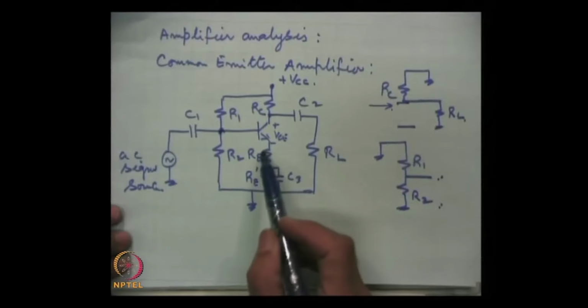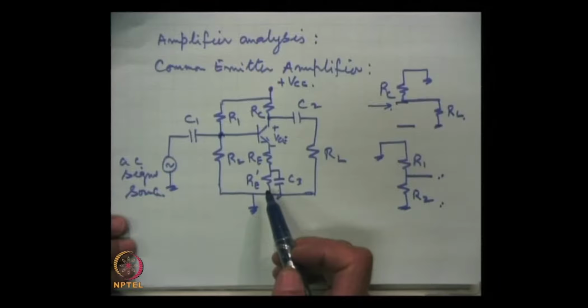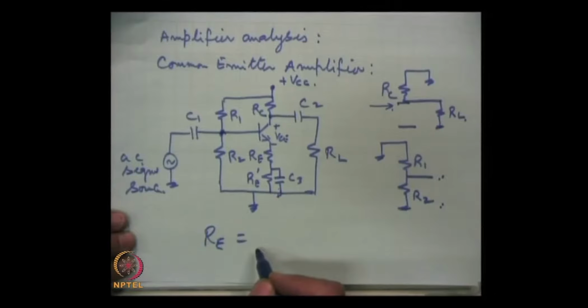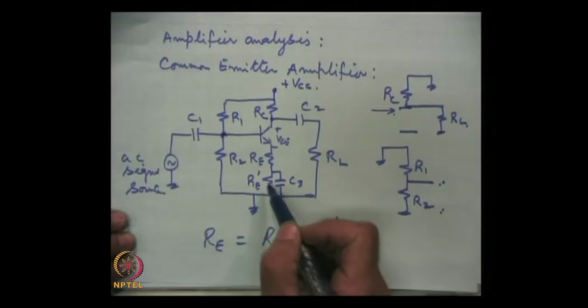We were here that actually a best compromise between stability and high voltage gain can be obtained by breaking the resistance R e into two resistances, R e plus R e prime. So these are the two resistances.